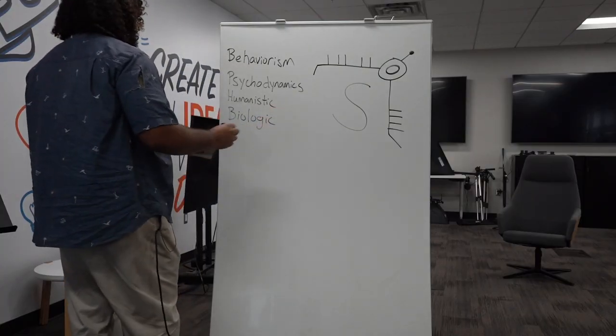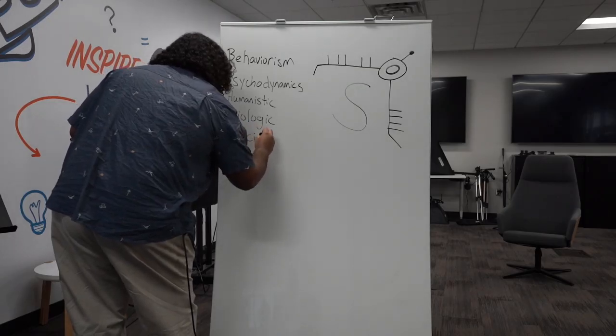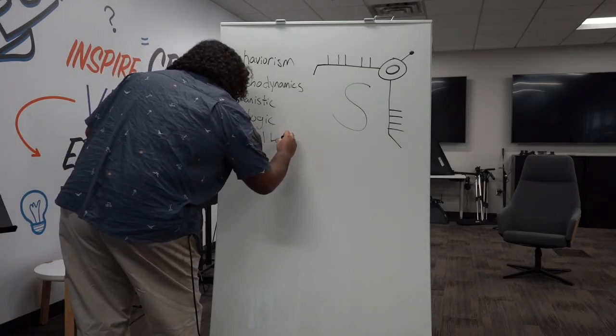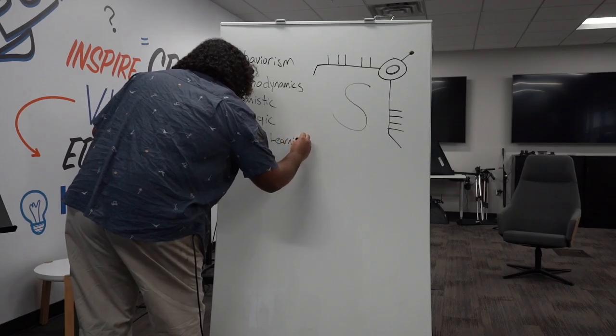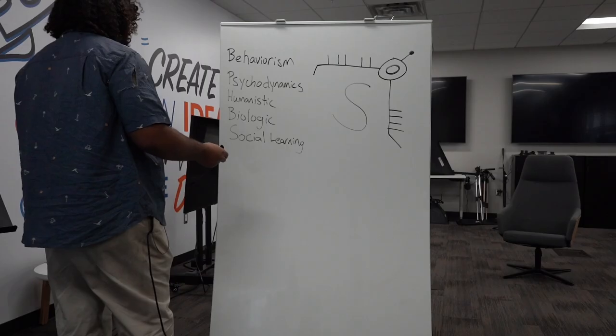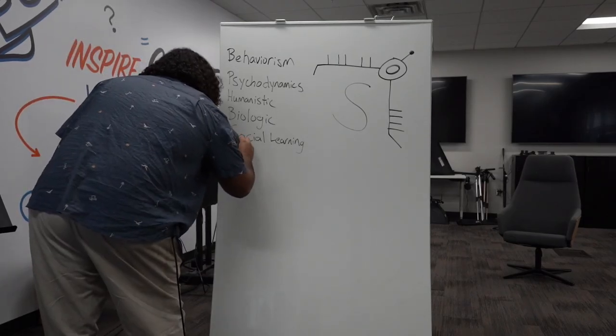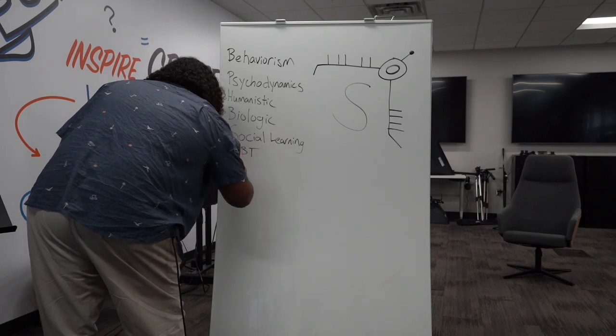And then we have social learning, which I consider to be very important. And then finally we have the emergent theories, and also cognitive behavioral theory, or CBT.